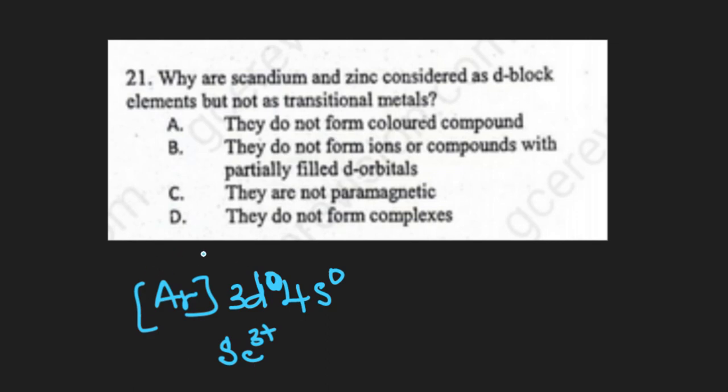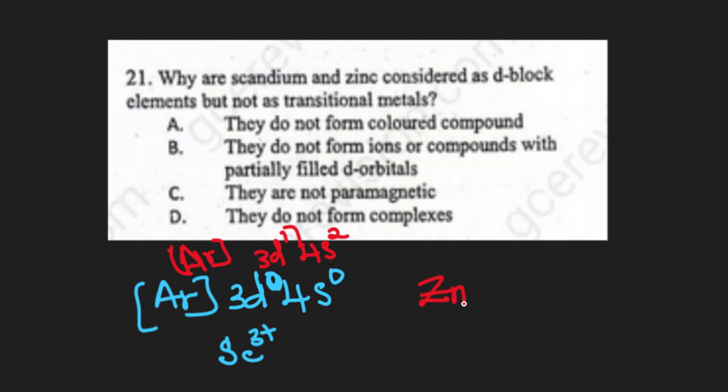Means that the normal electronic configuration is argon 3d1 4s2. Now when it forms an ion, these 3 electrons are lost, leaving the d orbital empty, and since it is empty, it is considered not transition.